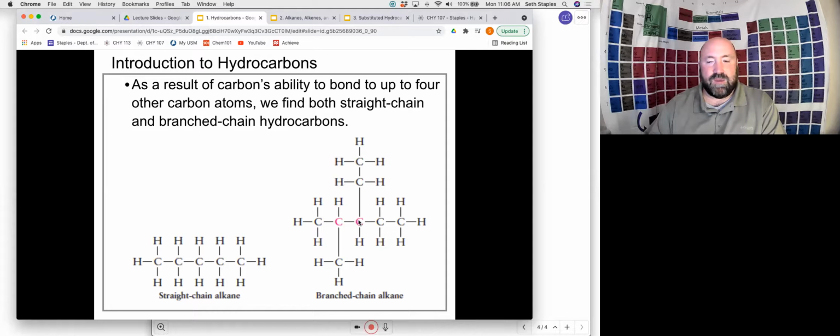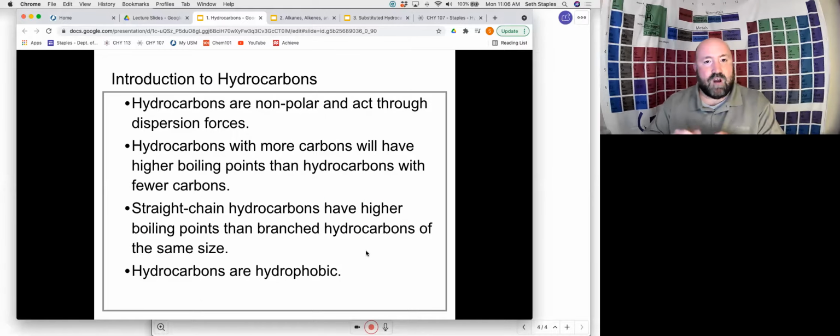And at this carbon, we have yet another carbon group coming off it. And we'll look into what sort of effect that has both on how we name these compounds, which we'll be spending a lot of time on, and also what that might do to the properties of some compounds. But so we end up with, again, what we call these straight chain or branched chain alkanes.